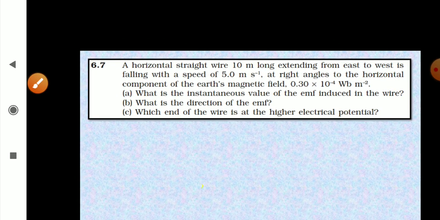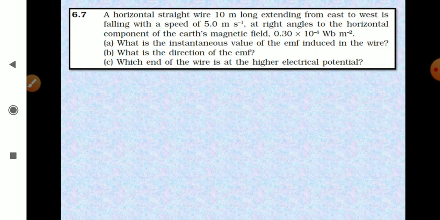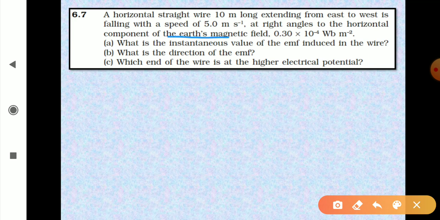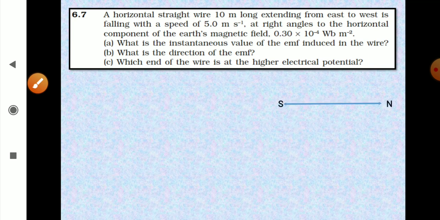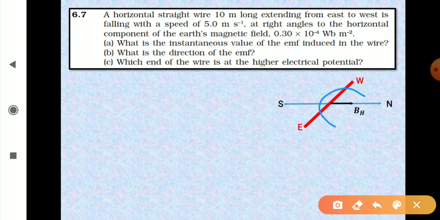So, let us try to look at the situation. You know that the horizontal component of Earth's magnetic field extends along the north-south direction. I have shown the north-south direction like this, and this is the horizontal component of Earth's magnetic field directed towards the north, and the wire is extending east to west.